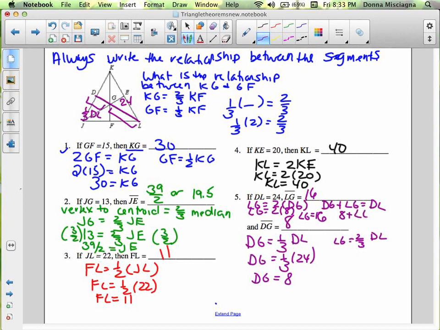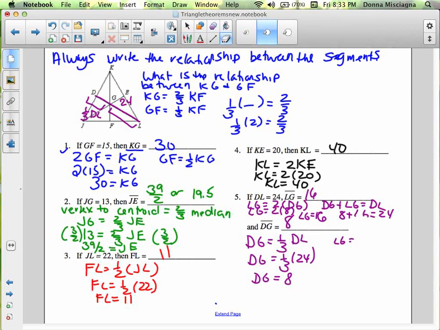We don't know LG, but we know DL. DL is 24. If I subtract 8 from both sides, 8 plus LG equals 24, LG equals 16.